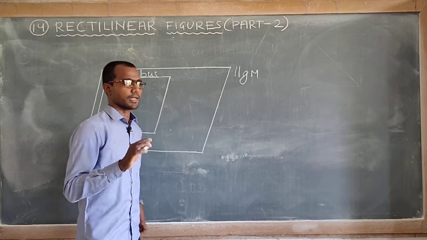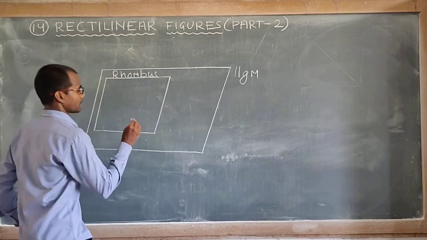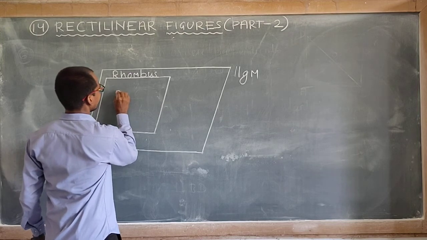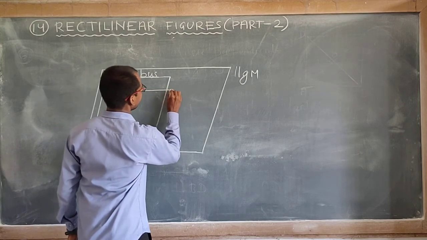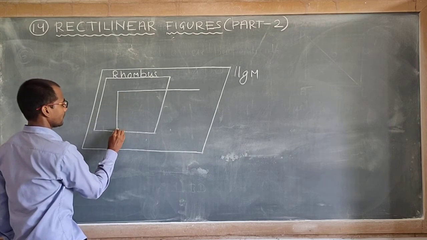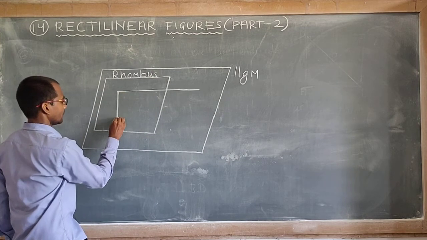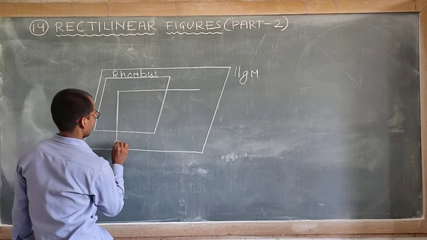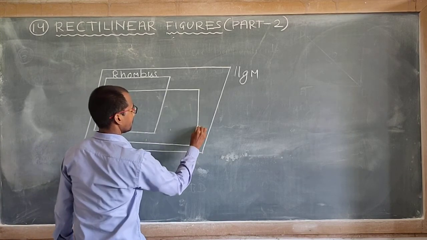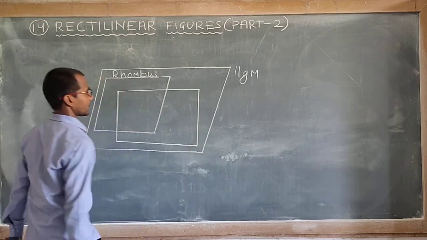So we can say every rectangle is a parallelogram. So I am drawing this. Okay, this is a rectangle.